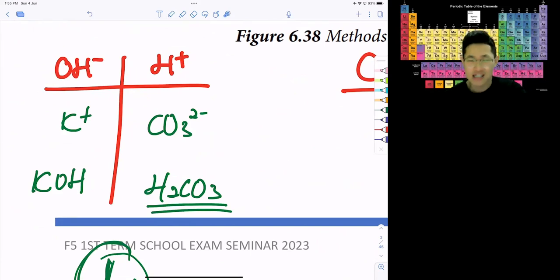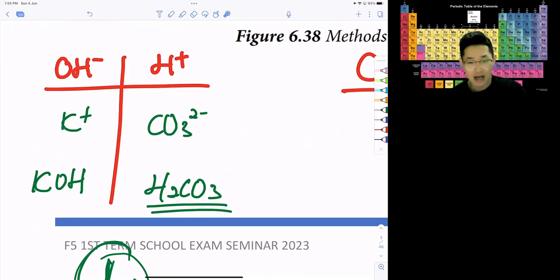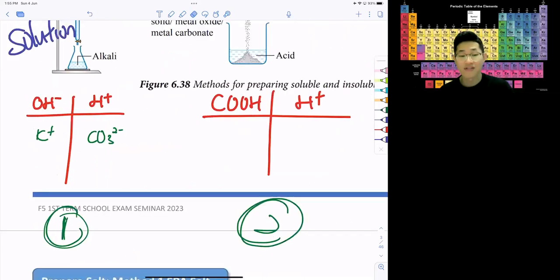It is not in your syllabus, so they don't really ask you about this. So normally you wouldn't have any chance to write carbonic acid as your answer, unless it is objective. They give you selection, then you can do the cross and find the answer. Objective possible. Okay, so just telling you this kind of example.